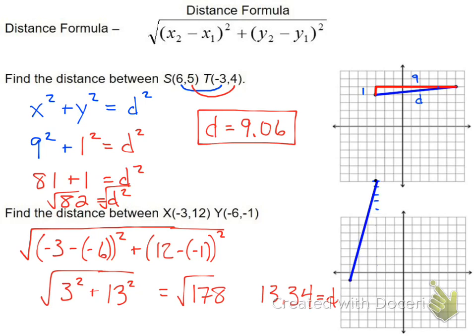So again, I can connect them together and then turn it into a vertical piece and a horizontal piece. And so again, if I'm counting, I go 1, 2, this is 3. And the other one, it goes 1, 2, 3, 4, 5, 6, 7, 8, 9, 10, 11, 12, 13. Just by counting, and then I can set up the Pythagorean theorem and get the same exact answer.